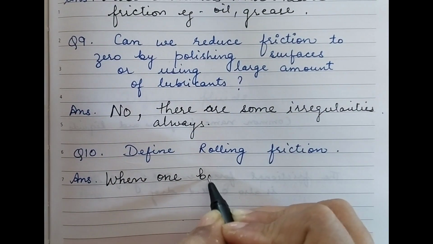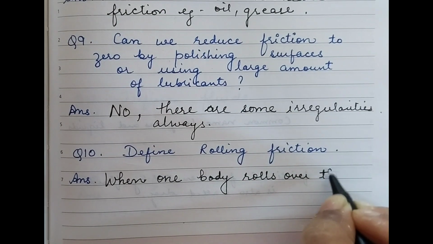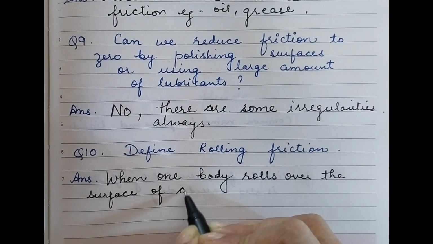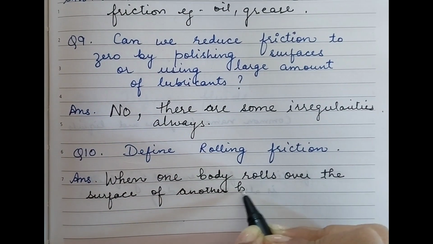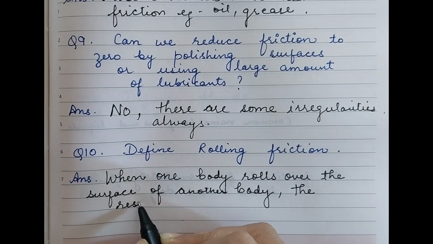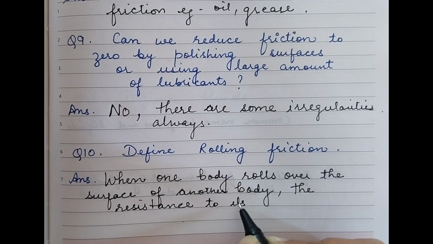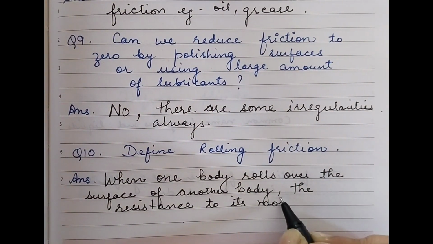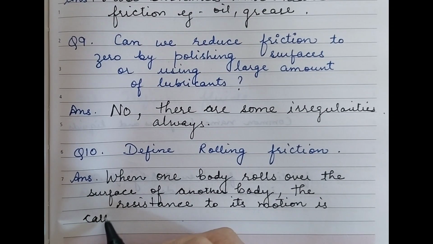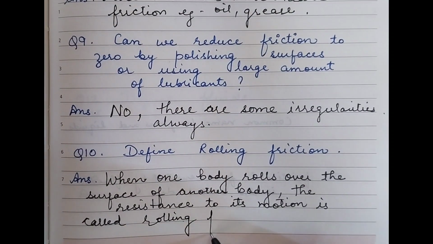When one body rolls over the surface of another body, the resistance to its motion is called rolling friction.